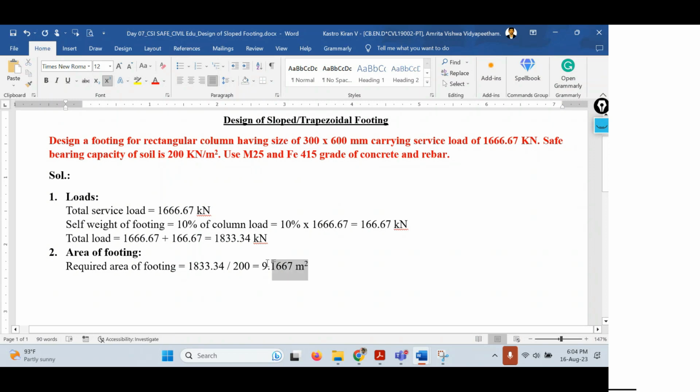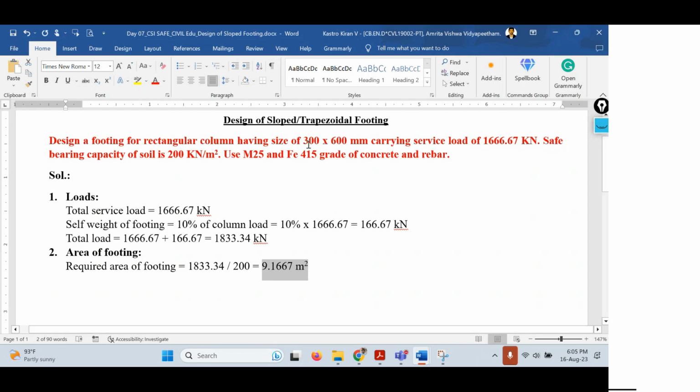Now, based upon this area, we have to find out the length and width of the footing. But if you see the problem statement, as I mentioned in the very first session of design of rectangular footings, if the column shape is square, then we design a square footing. If the column is of rectangular shape, then we design a rectangular footing.